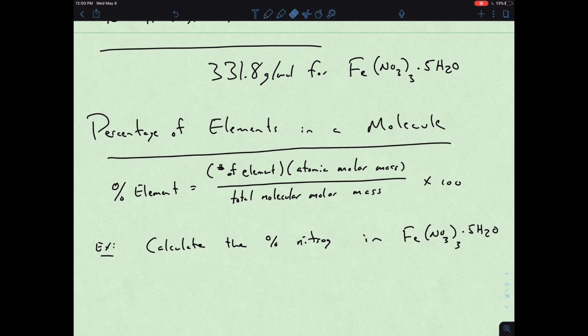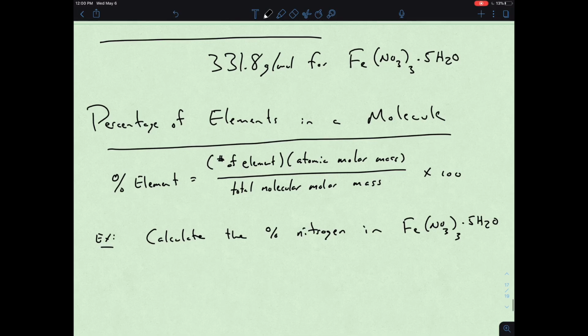So if we're calculating the percent nitrogen, we're looking at the nitrogen contribution to the overall mass that we have. So for our molecule, that was 331.8 grams per mole, and that's from our previous example.